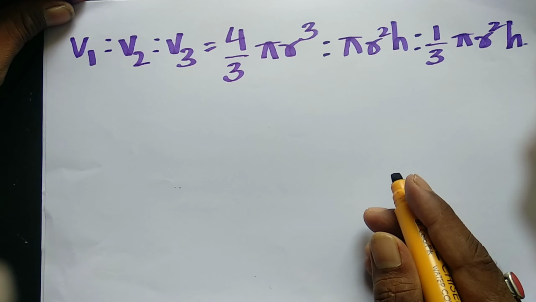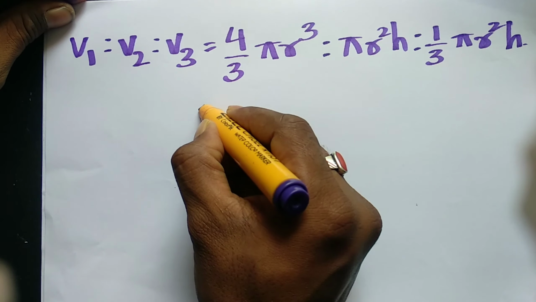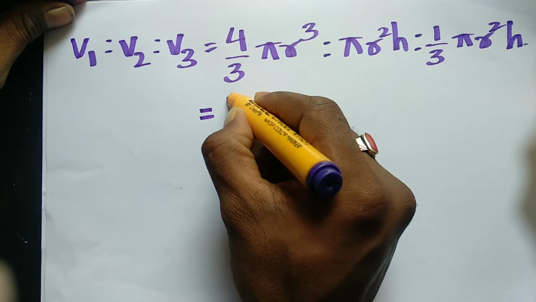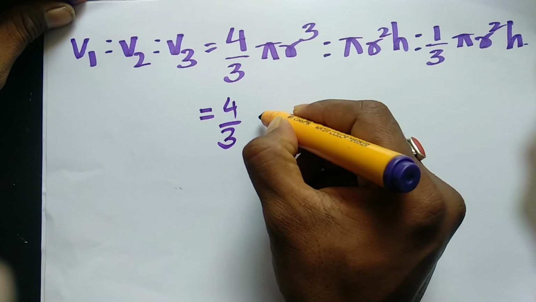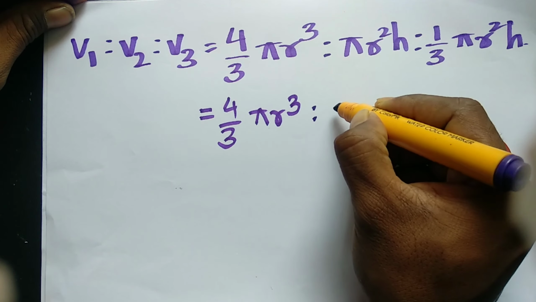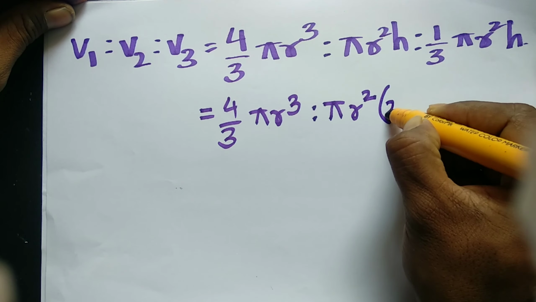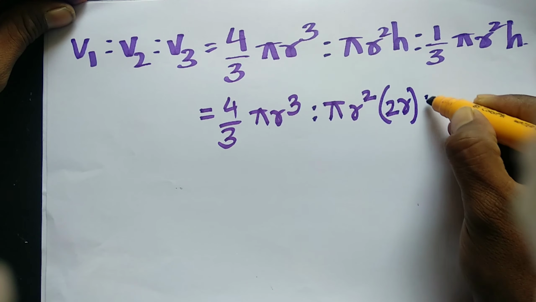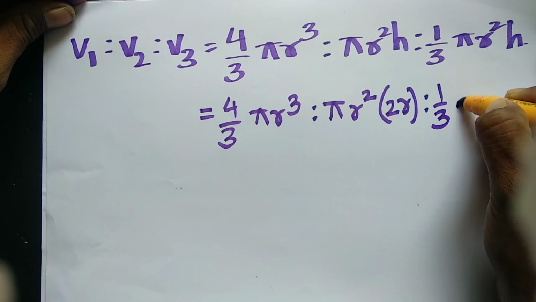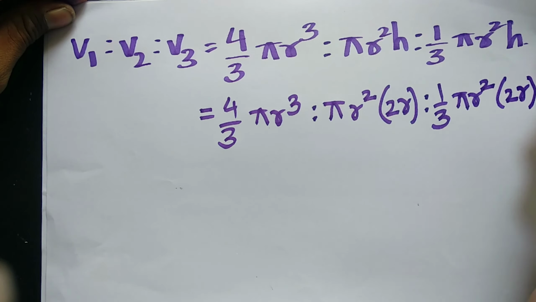Now we have to compare the same quantities, so I want to convert all these variables in terms of small r. h we can write as 2 times the radius, and here also h equals 2r.